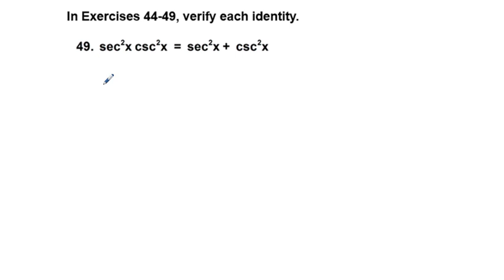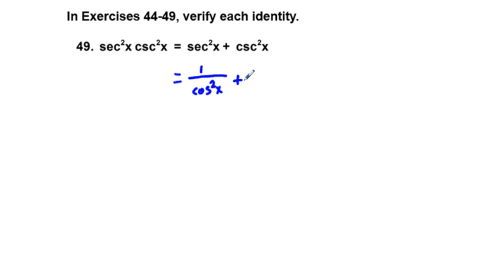Okay, problem 49, we have secant squared x cosecant squared x equals secant squared x plus cosecant squared x. And for this, we're going to take this right side until it equals the left side. And we're going to rewrite secant squared x as 1 over cosine squared x.